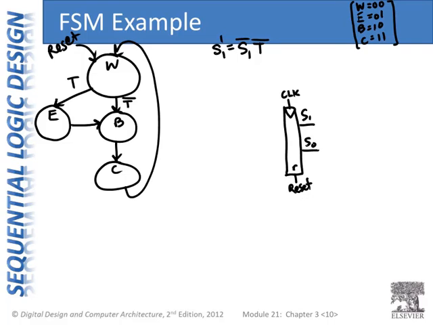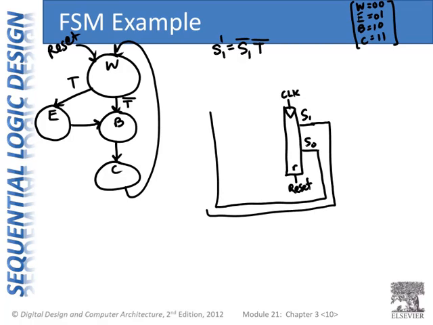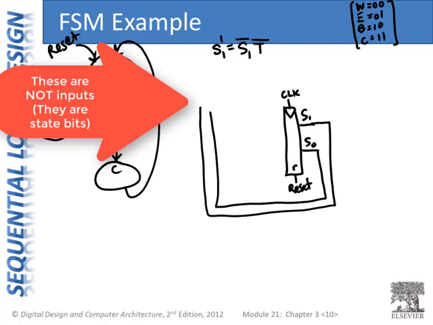So we're going to take our state bits and feed them back around onto the other side of our state register. And sometimes I label them again. These are not inputs. They're just labels to show that these are the outputs from the state register, S1 and S0.